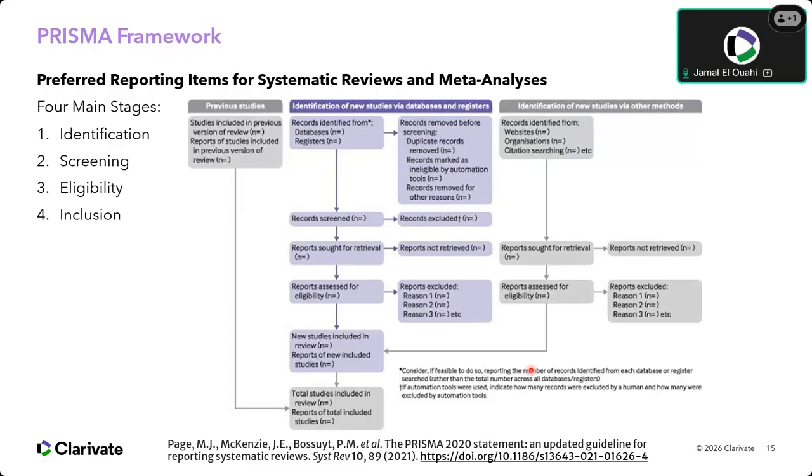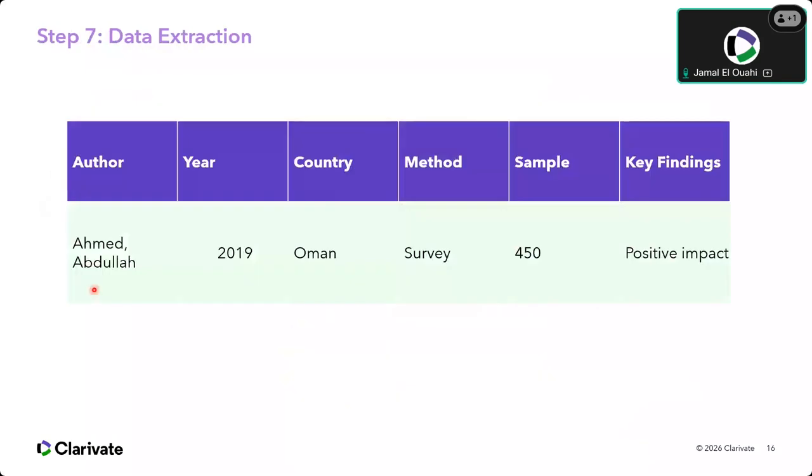Once you have your final data set, then it's time to go deeper on the literature. So you want to extract the data. You can do that in the Web of Science. You can export the publications in the form of a text file or an Excel file, and you can get something like this. And you say, for instance, I found this paper by Ahmed Abdullah from Oman in 2019. The method used, so I read the paper and I say, in that study, it is a survey.